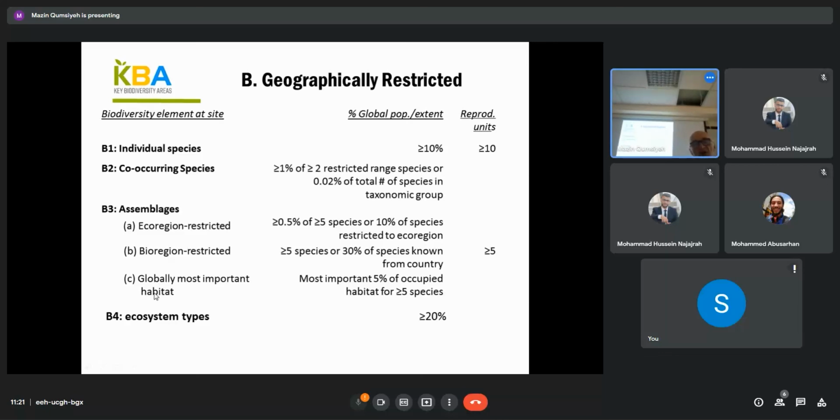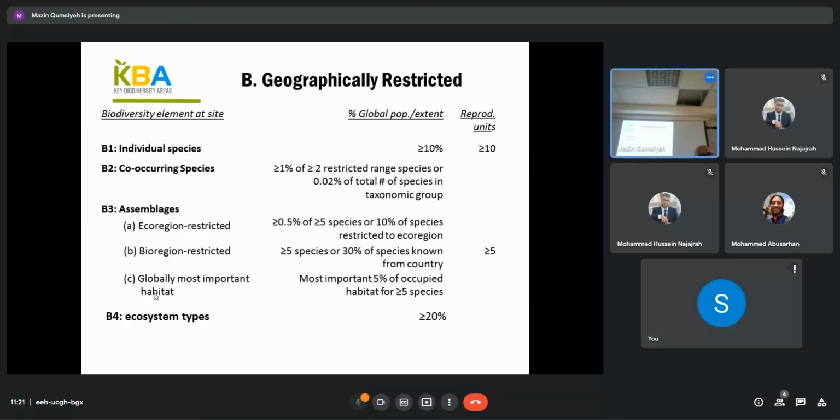But it's very difficult to define what is a globally important habitat. There is not a list of, it's not ecosystem, it's habitat. For instance, you have very specific habitat in caves. And some caves in the world are known to be very, very important for the fauna and whatever.